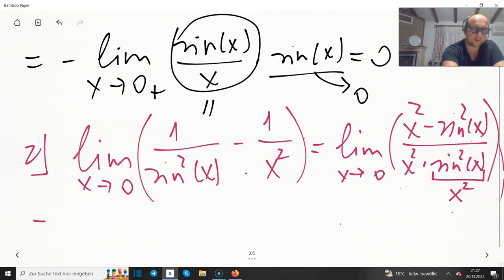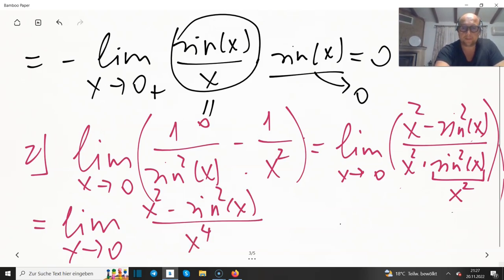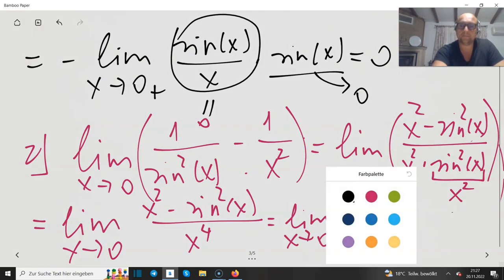I can really write equal because I proved previously that those limits are 0 and so on. So x towards 0 here, we still have x squared minus sine squared of x, but now we are dividing by x to the power of 4. Once again, I am allowed to write this. Think of this limit and then you'll clearly understand why.